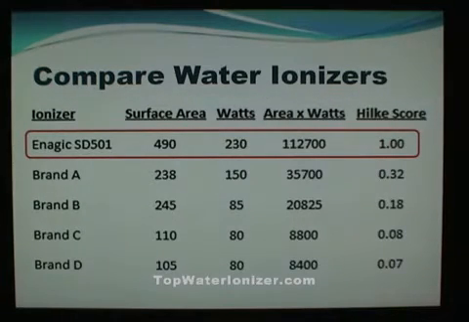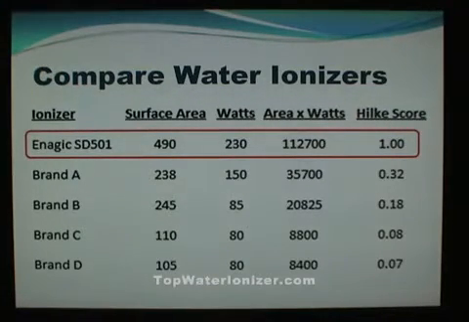So that is the machine that gets assigned the value of 1, against which all the other brands will be compared. The other scores for brand A, for example, with the area times watts value of 35,700, works out to be a value of only 32% of the value of the Enagic SD501. Brand B is a value of 0.18 or 18%.